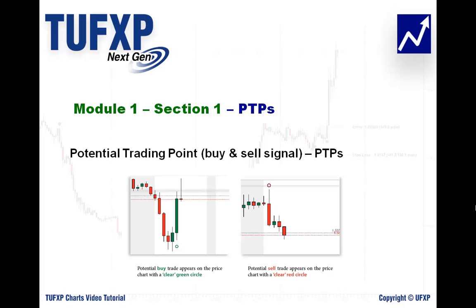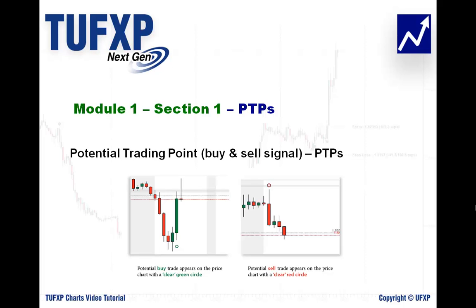This is how they will appear on the chart. You can see on the left hand side the clear green circle, which indicates a potential buy in the market, i.e. rising prices, and on the right hand side we've got the clear red circle indicating potentially lower prices.